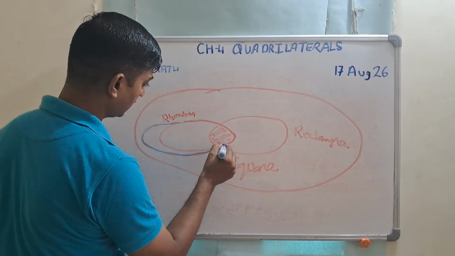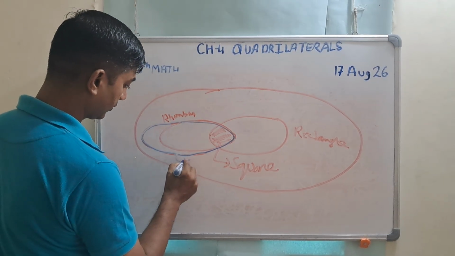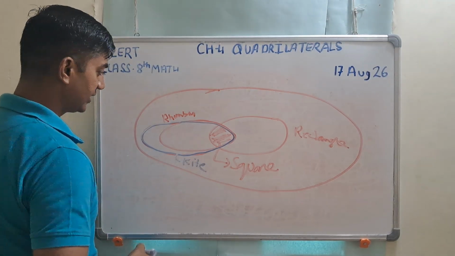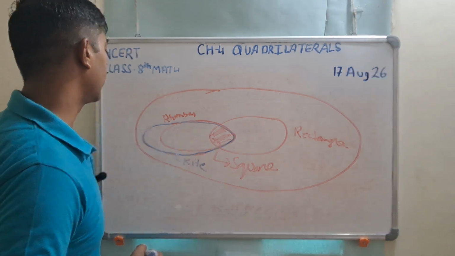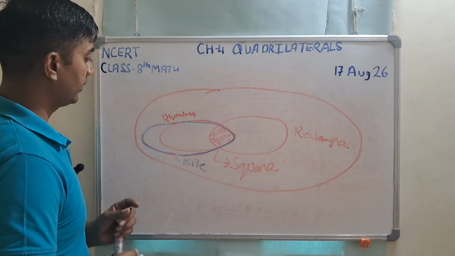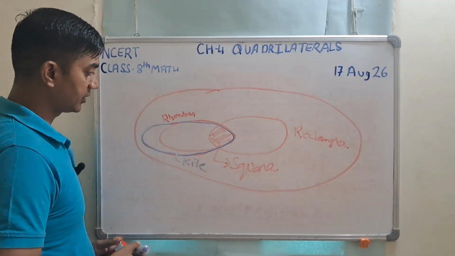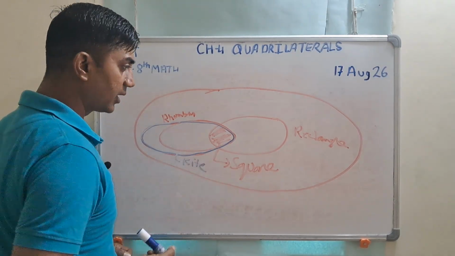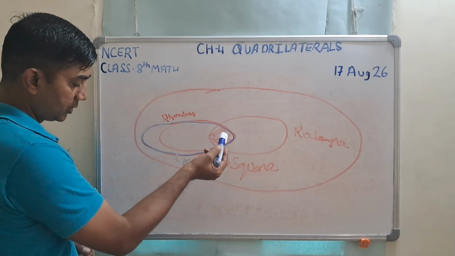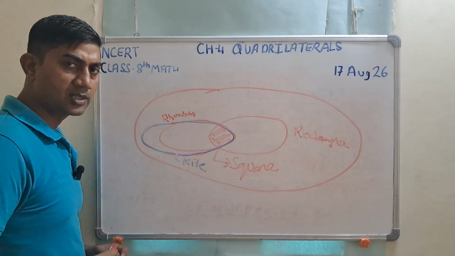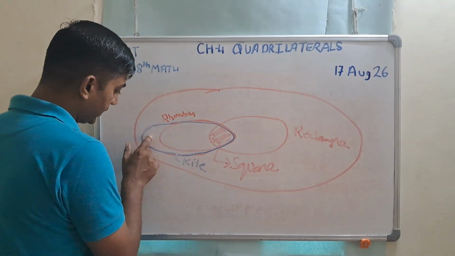This diagram is actually your kite. What does it mean? It means that your all, now see, what we have seen in the rhombus, that diagonals are perpendicular. Understood? And in case of square, diagonals are perpendicular. So, and those rectangles in which the diagonals are perpendicular, they are also a square.